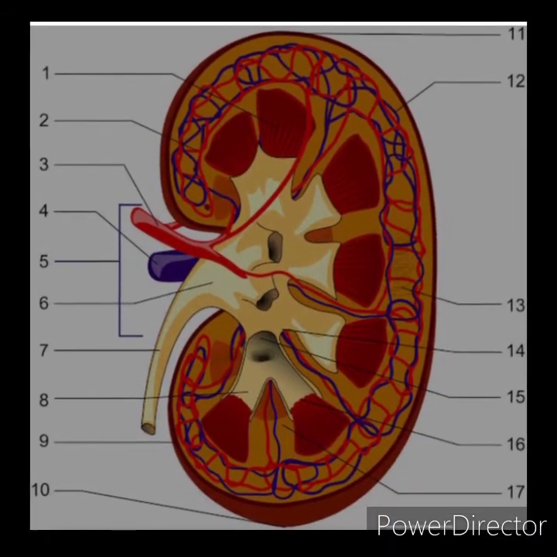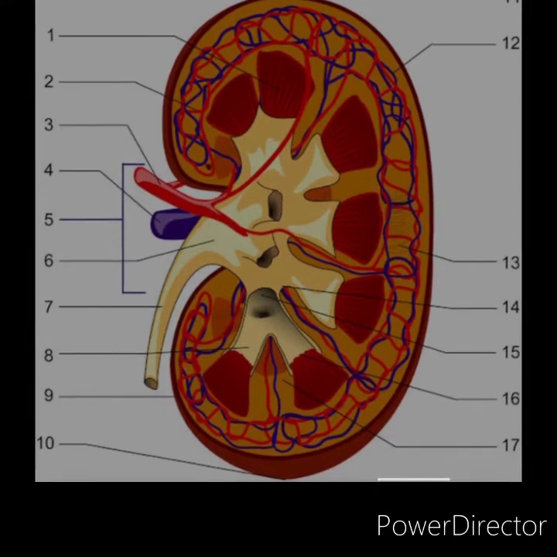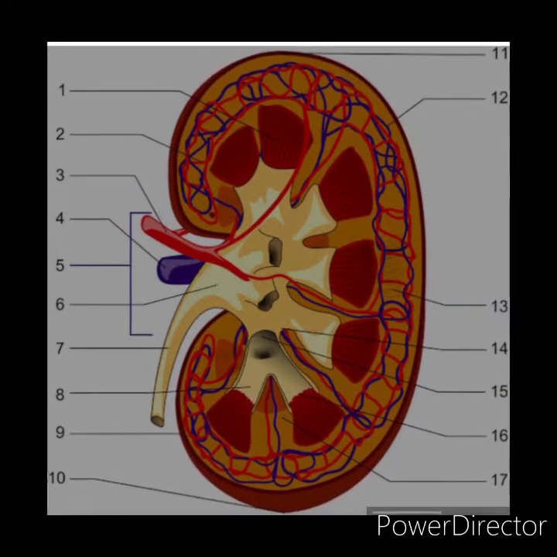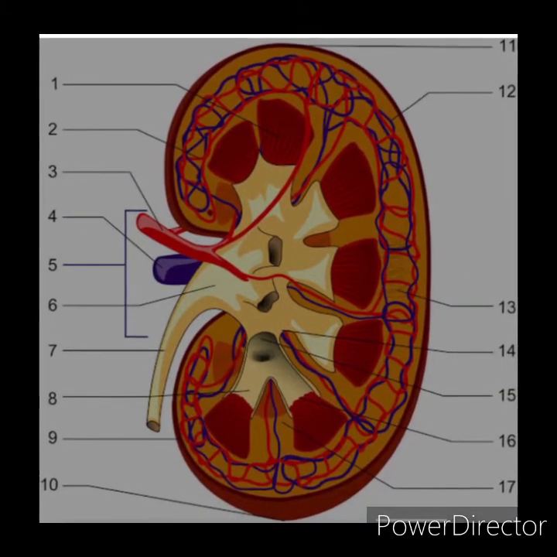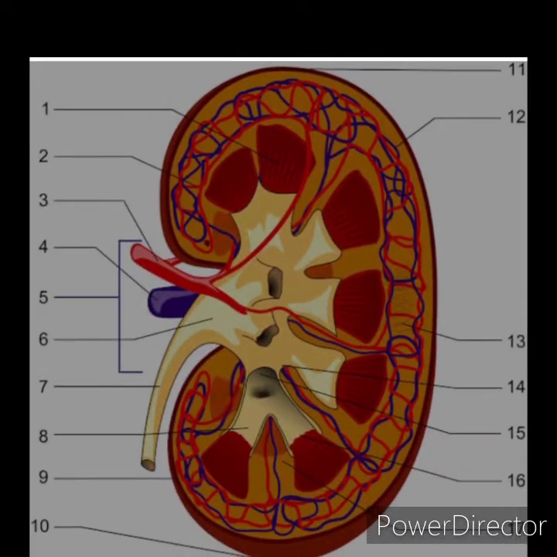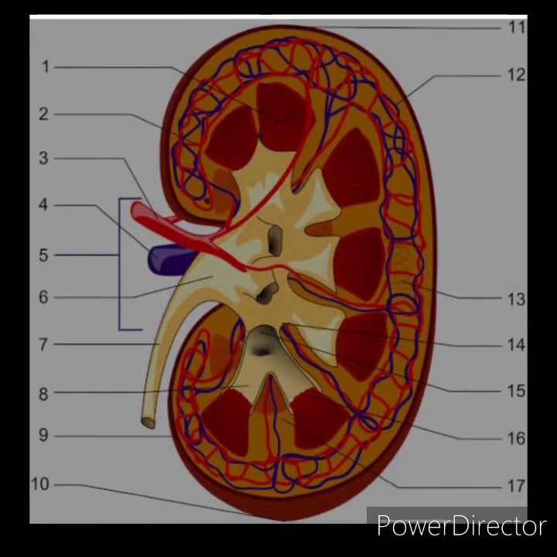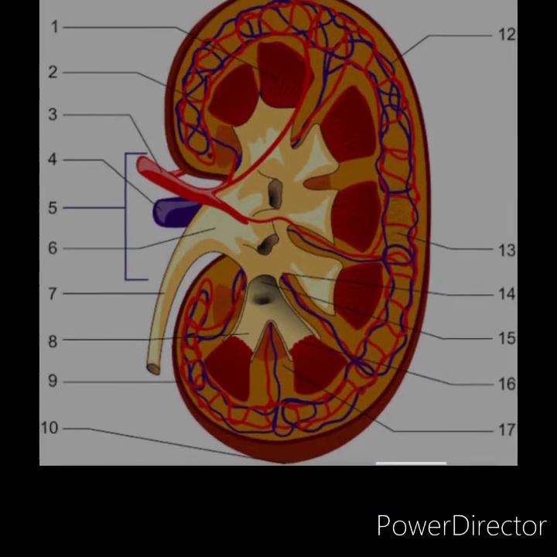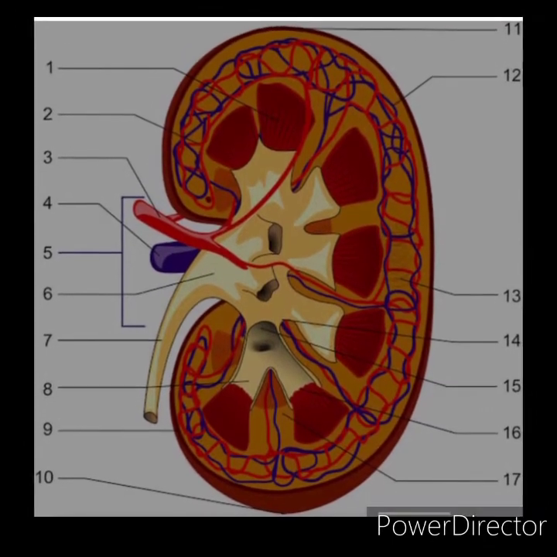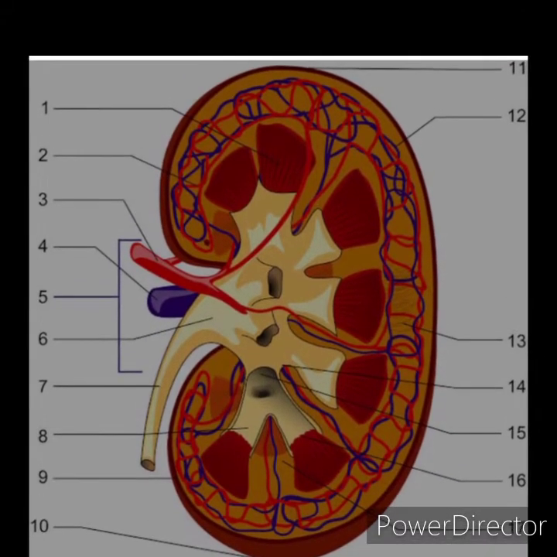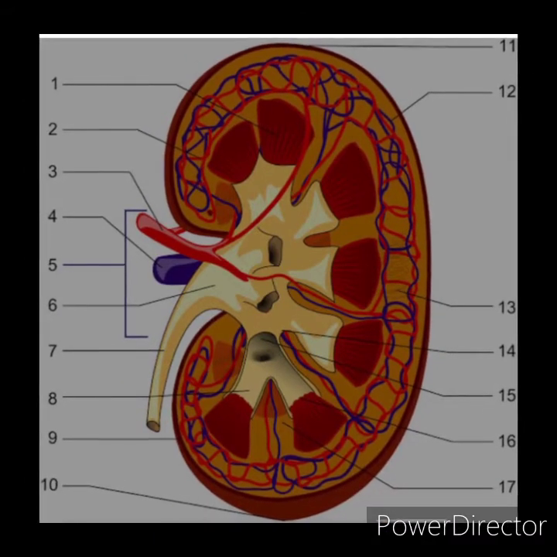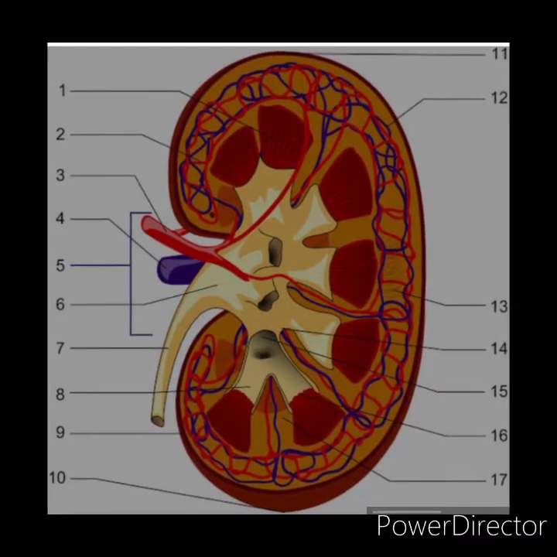Renal blood flow is constant till the mean arterial pressure falls as low as 60 mmHg or increases as high as 180 mmHg. Two mechanisms are involved in renal autoregulation. First, myogenic response. Second, tubuloglomerular feedback.